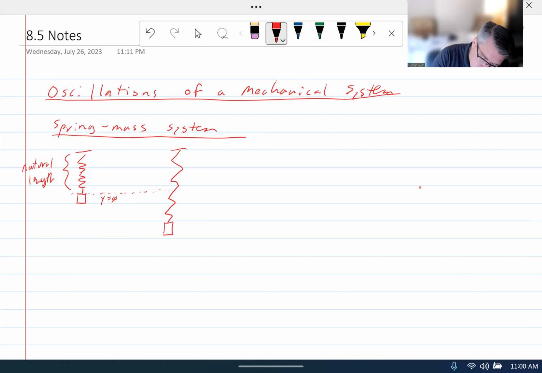Then this distance that it gets pulled down to, it's called L sub 0. And that's the displacement from equilibrium.